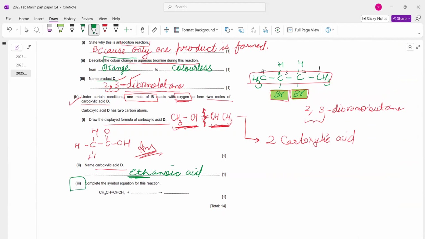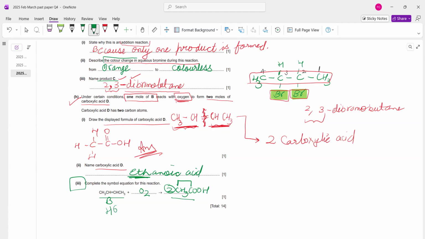In the next part, they are asking us to complete the symbol equation for this reaction. So, this is our compound B. It is reacting with oxygen and it is giving us 2 moles of ethanoic acid. Now, every reaction is supposed to be balanced. We have 4 carbons here, we have 4 carbons here because 2 carbons times 2 is 4, and hydrogens are 6 hydrogens on left.